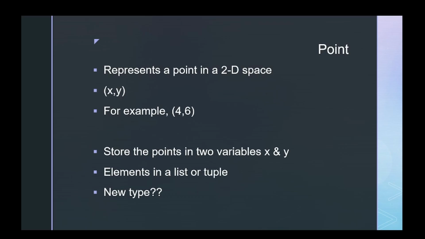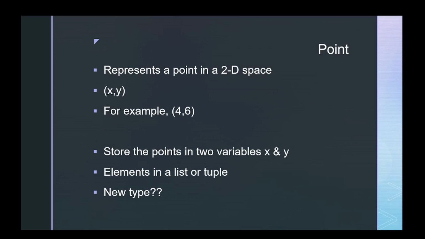So my X value is 4, my Y value is 6. I can create an object called point where I store those coordinates in two separate variables, X and Y, or I can store them as elements in a list or a tuple, it doesn't really matter, but a point has to have an X and a Y.